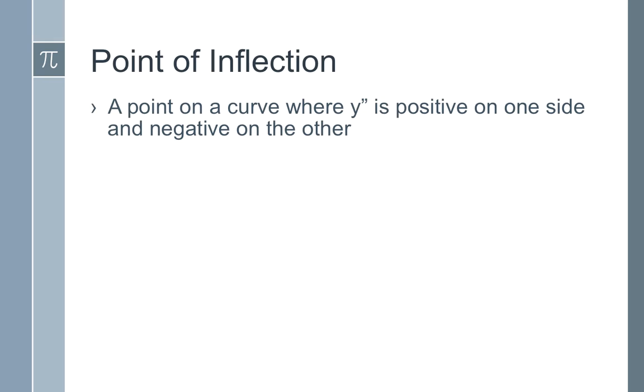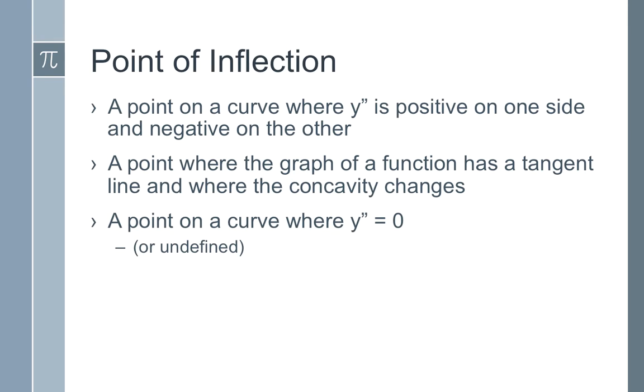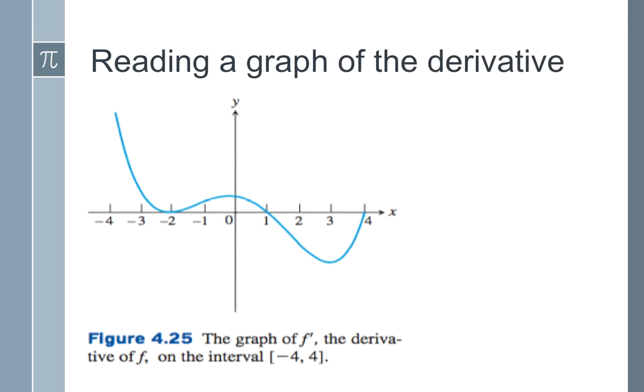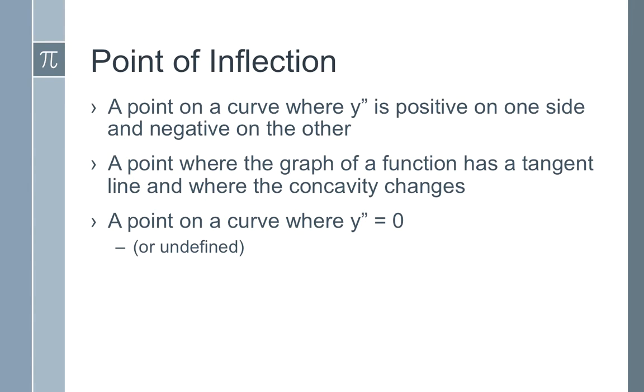So it's a point on the curve where y double prime is positive on one side and negative on the other. It has a tangent line at that point, but it's where concavity changes. And what we really want to look at is when does y double prime equal 0? Now we'll look at an example here in just a moment.